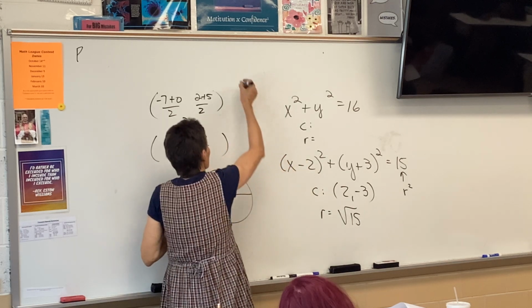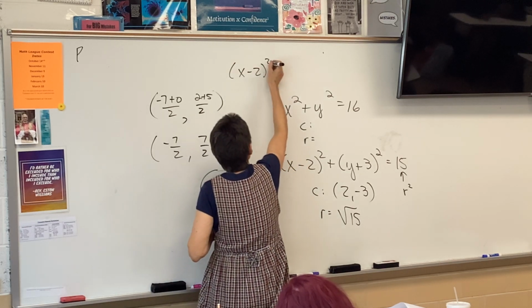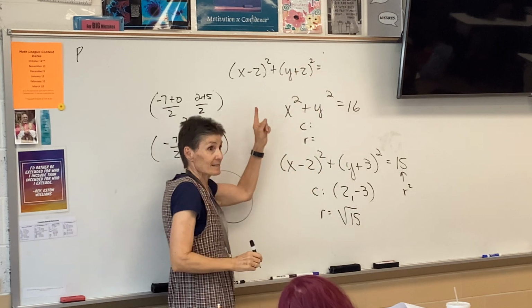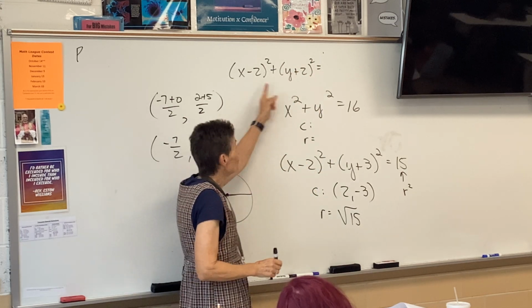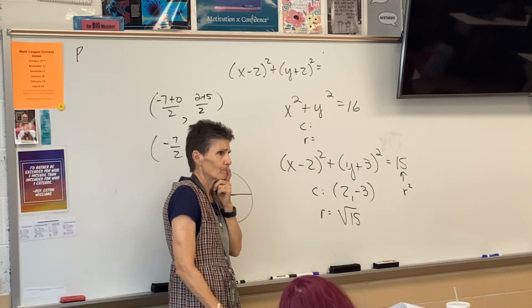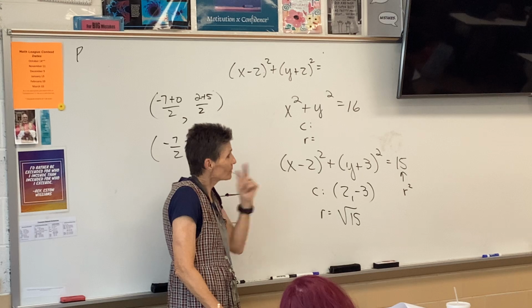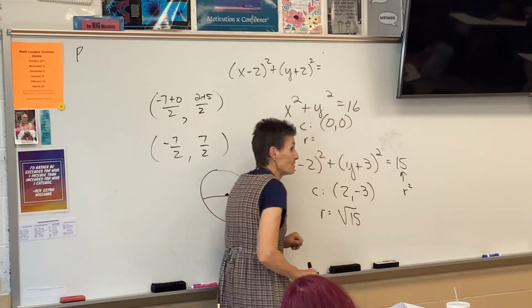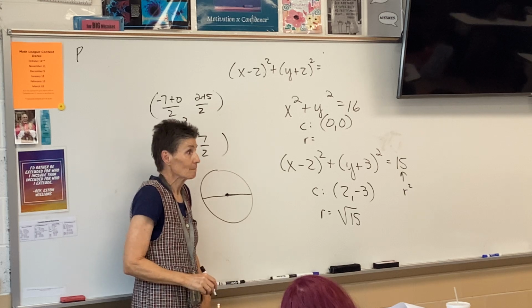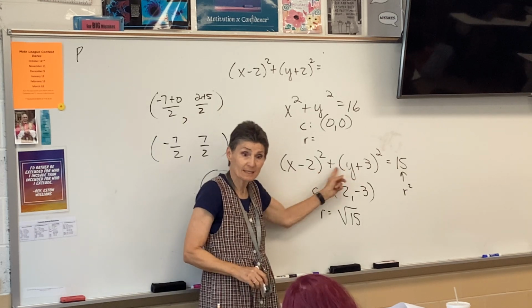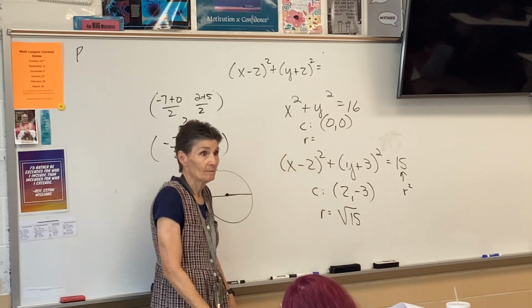It would be, if the equation had been this, that center would be at 2, -2. 0, 0. Very good. Why is the center at 0, 0? Because there's nothing added or subtracted to the x and y.